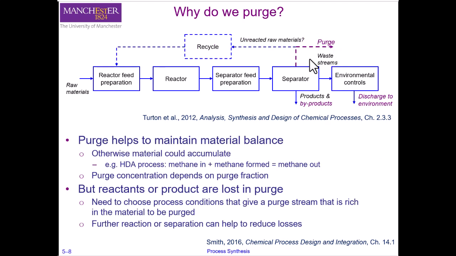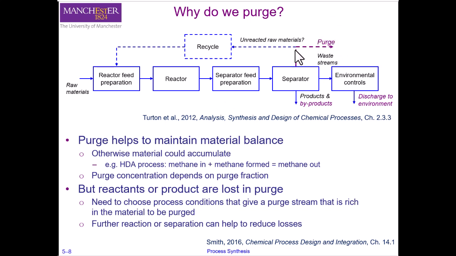So here we look at the idea of using a purge. A purge enables certain species to leave the process. In particular, for example, if you have an impurity and a byproduct or other materials that cannot leave the process in one of these separators, in those cases we actually use the idea of purge.